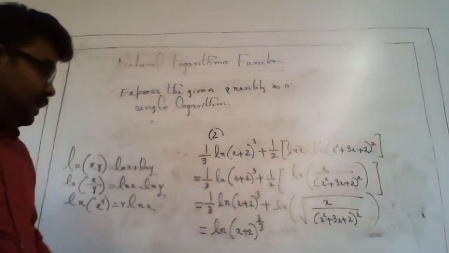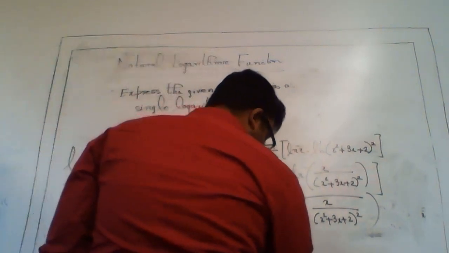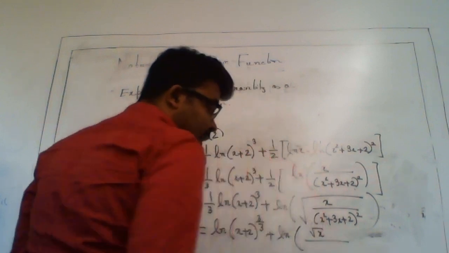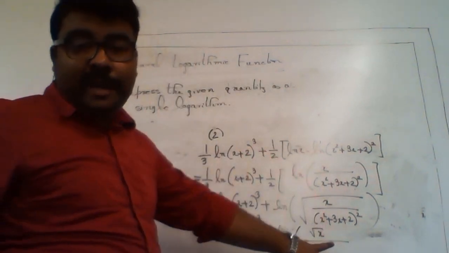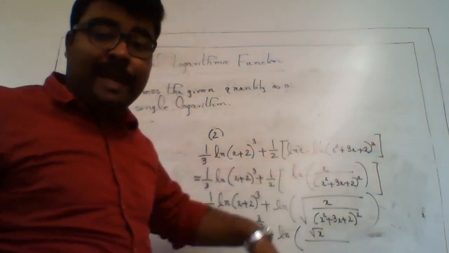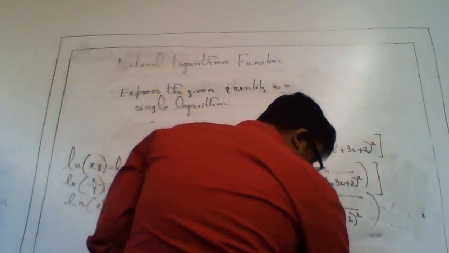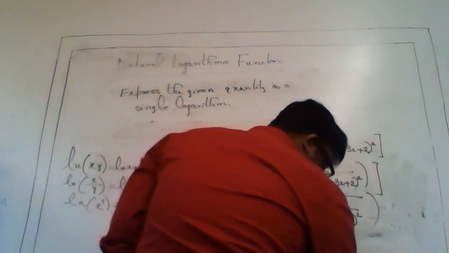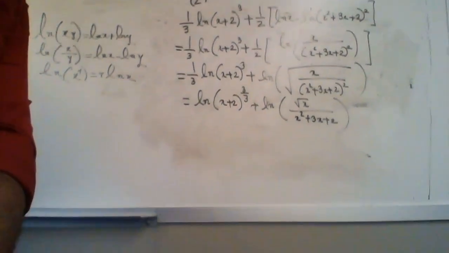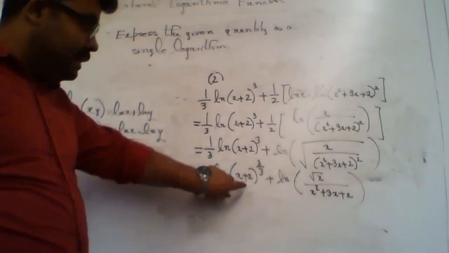Because plus I had ln square root of x divided by square root of x square plus 3x plus 2 whole square. So square root and square will cancel each other and we'll be left with just x square plus 3x plus 2. Finally, lastly, I have ln this plus ln this.